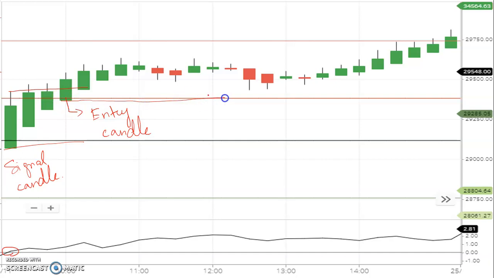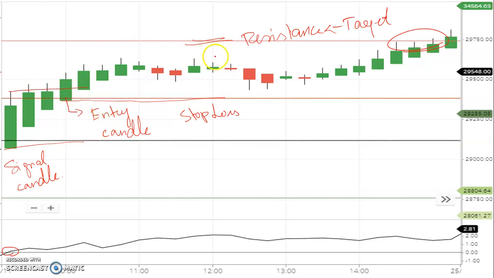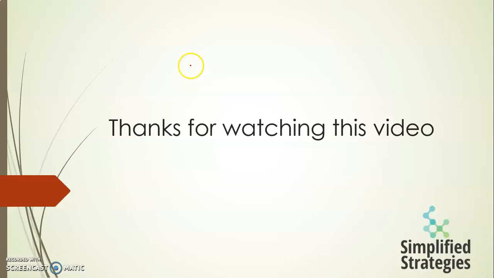The entry candle's low is the stop loss, and this is the nearest resistance, which is the target, and it was achieved somewhere here. So the strategy is simple. Whenever the ROC crosses above zero, that candle is the signal candle. When the signal candle's high is broken, that is the entry candle, and that entry candle's low is the stop loss, and the nearest resistance is the target.